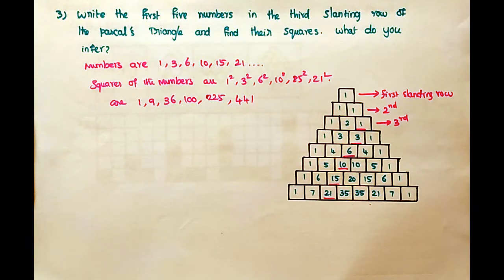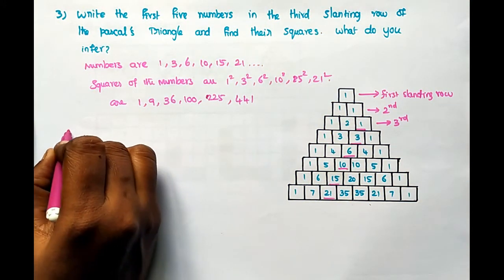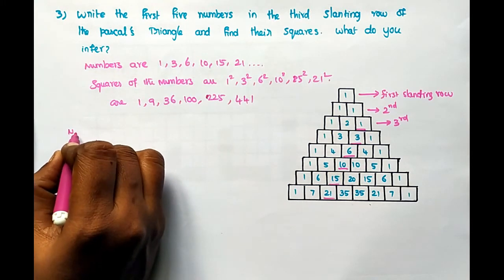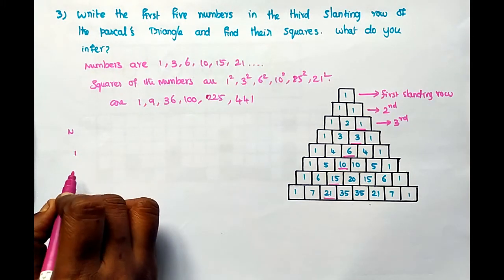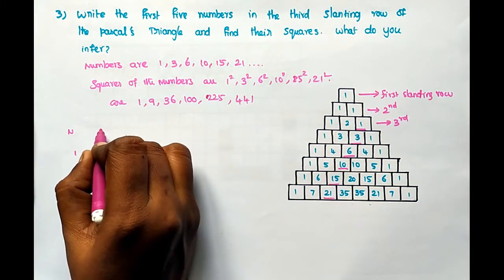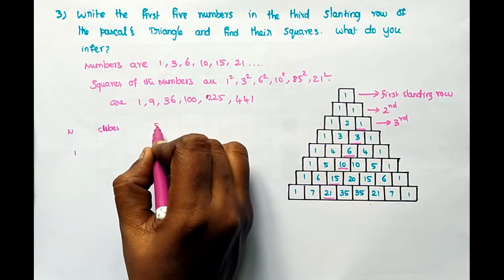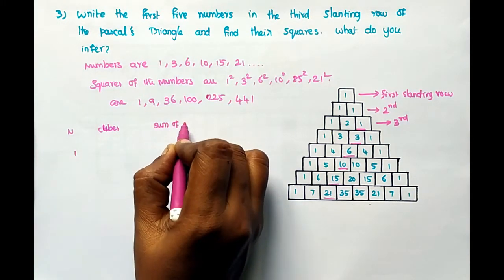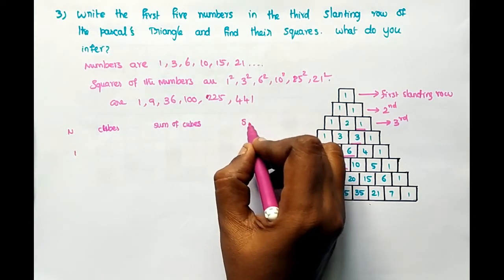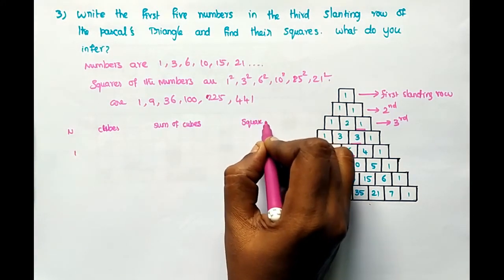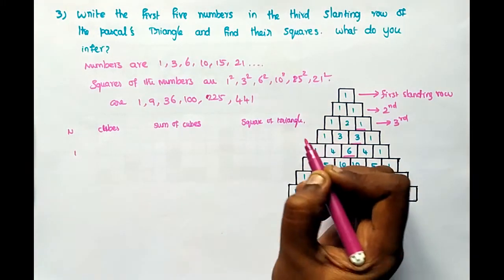From that we can conclude. Listen, natural numbers, that is 1, 2, 3, 4, etc. Its cube and sum of the cubes, that is the square of the triangular numbers.